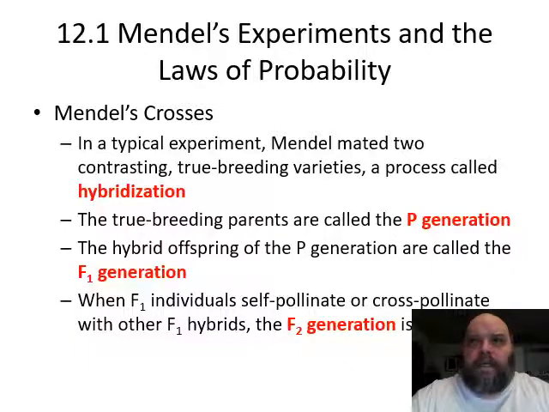Why would he designate a name for the plants he's starting a mating, or a hybridization, experiment with? Well, part of the problem you'll see as a scientist is that words have meanings. Words have specific meanings. And if we don't agree on the words to use and their specific meanings, there can be some mistakes made.